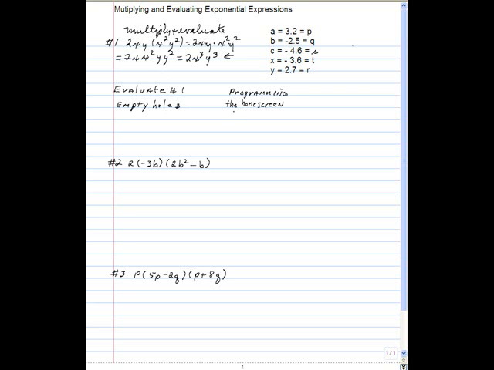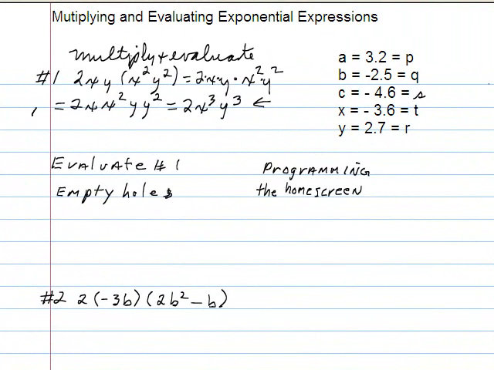In the second method, we will assign values to variables, and then we will write the original expression pretty much as it was originally. So let's begin with empty holes. Each time I get to a variable, I'm going to put an empty hole in its place, and I'm going to do the unsimplified version, the original problem with the empty holes.